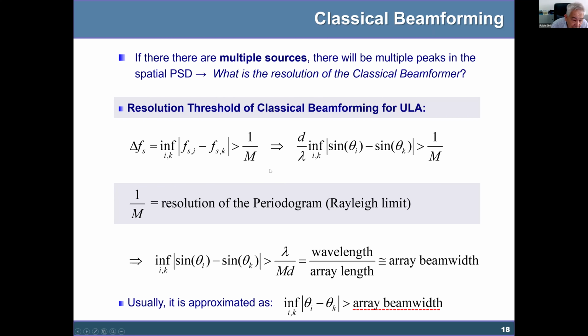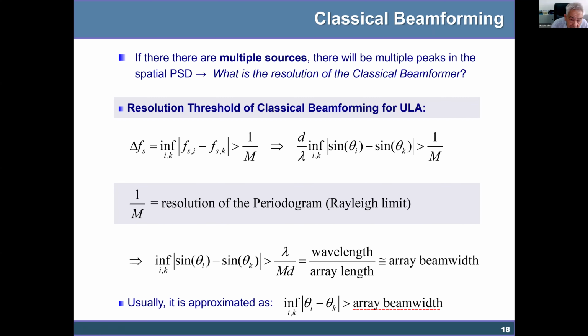This is what is called in power spectral density estimation the Rayleigh resolution or Rayleigh limit. So if the array is a ULA, you can apply directly this result to classical beamforming.